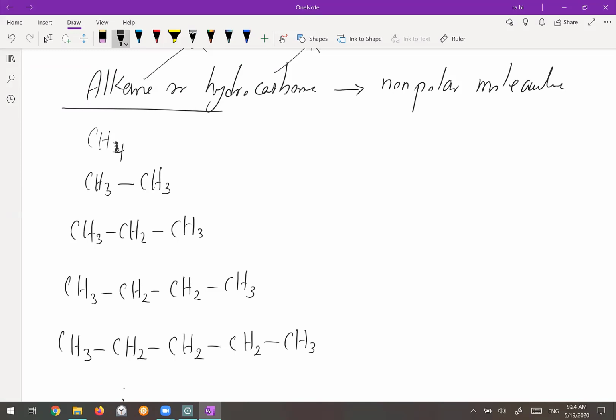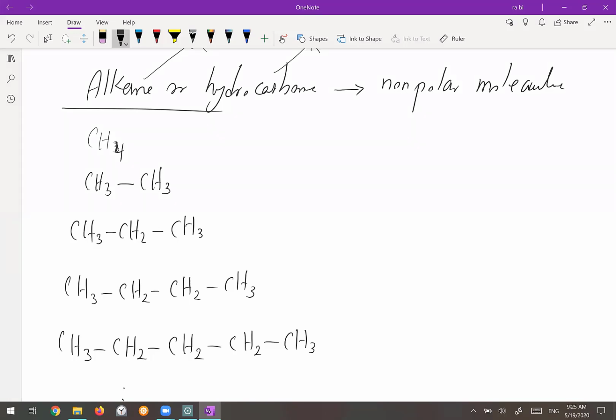But generally, the intermolecular forces are dipole-dipole attraction, hydrogen bonding, dipole-induced dipole in special cases when you mix a polar and non-polar molecule, and the London dispersion forces which are available between all of the molecules. But for the non-polar molecules, the only force of attraction is London dispersion force.